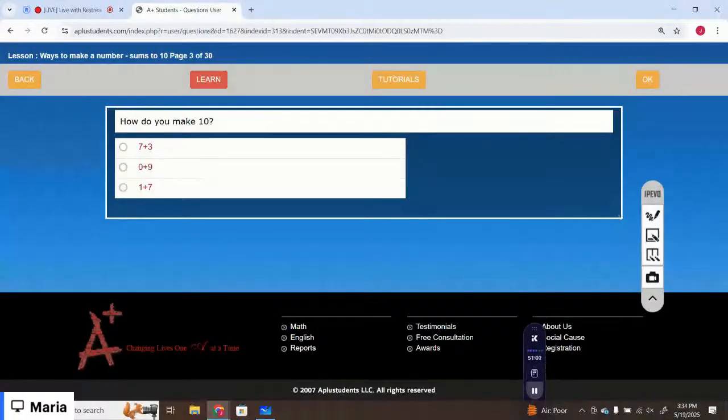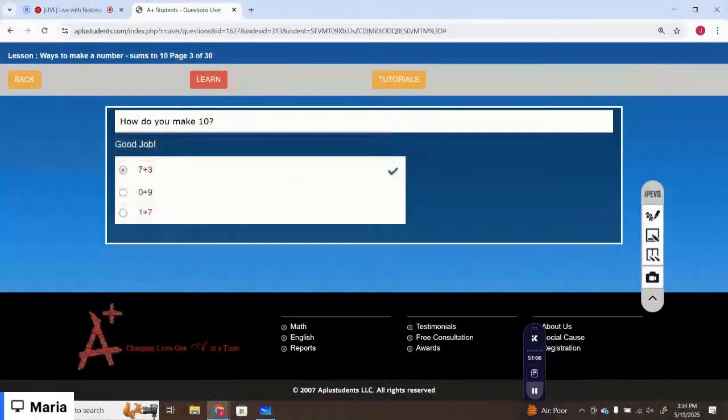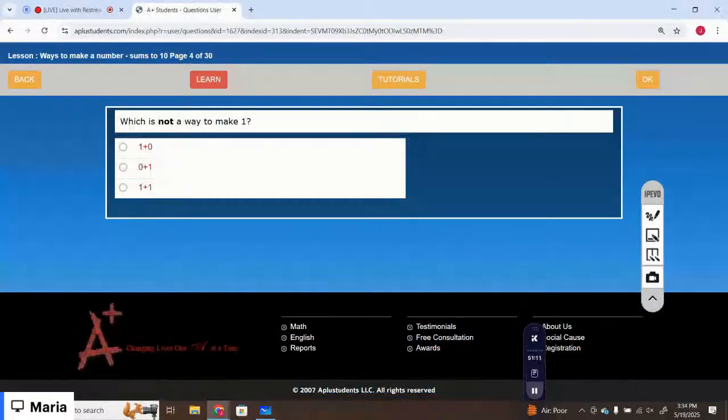Option number one is the correct option. Which is not a way to make 1?